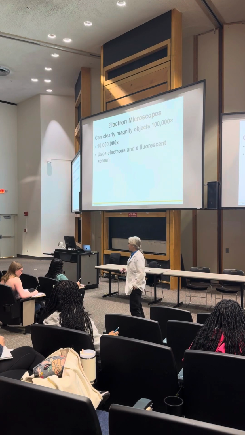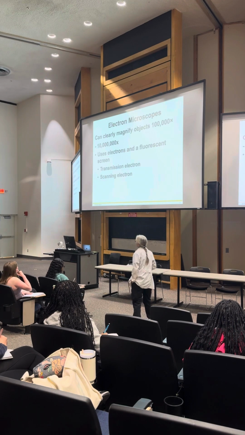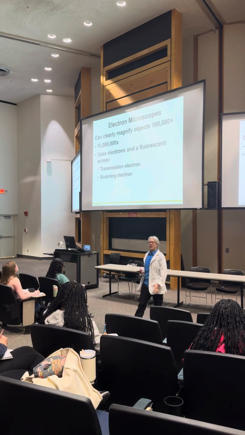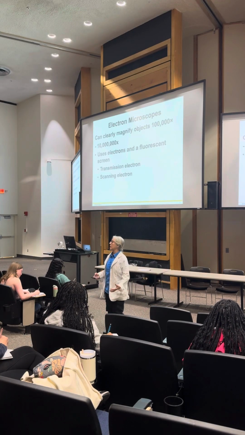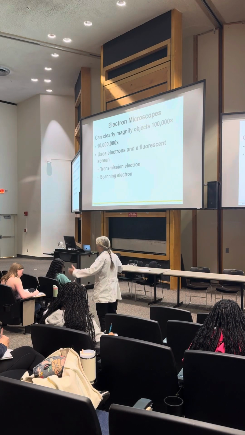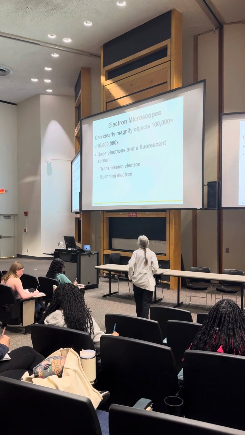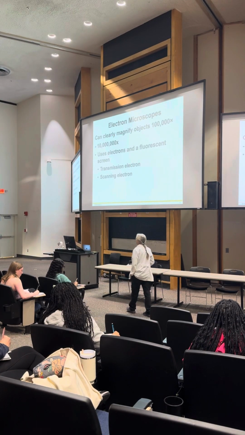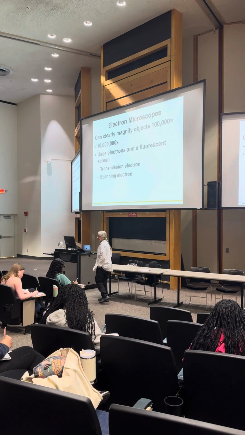There are a few different types of microscopes. It doesn't matter. Just know that the microscope that allows you to see the smallest organisms, or the microscope that magnifies the most, is the electron microscope. All of these use a computer because we can't see electrons.